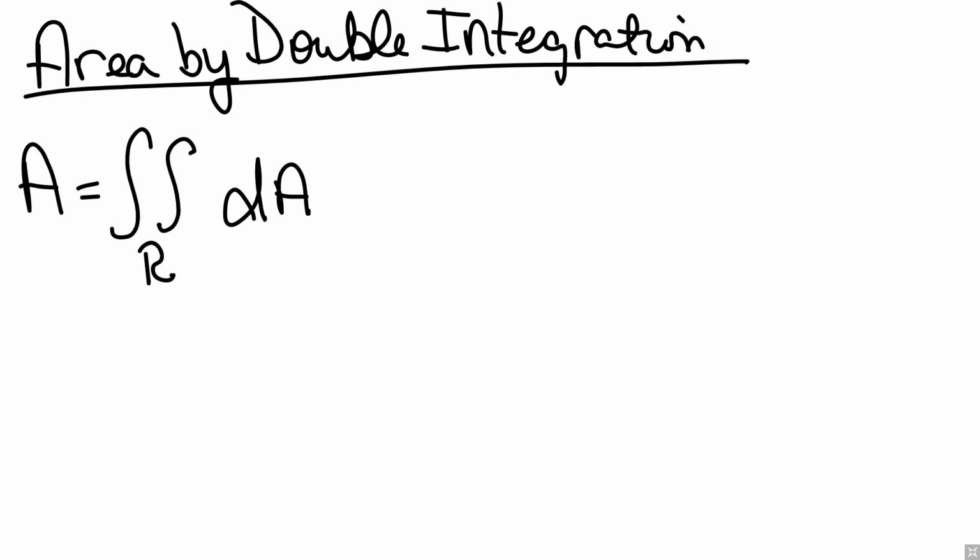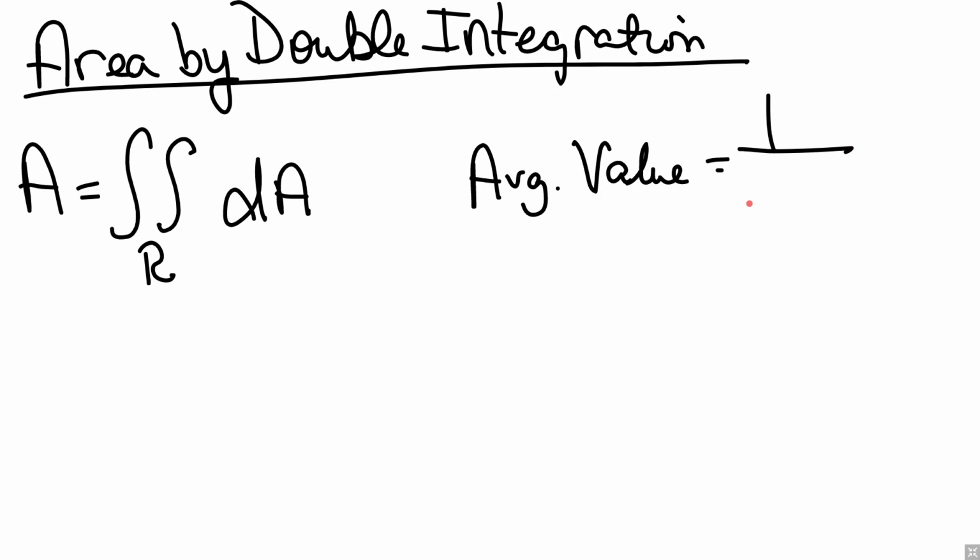Now, the other thing that we can do is what we refer to as the average value. The average value is 1 over the area of the region R times the double integral over the region of f dA.